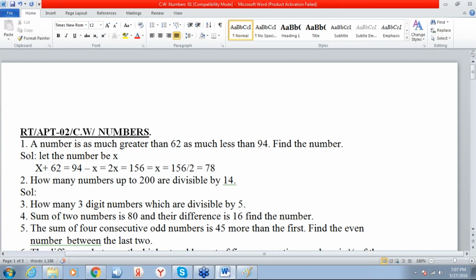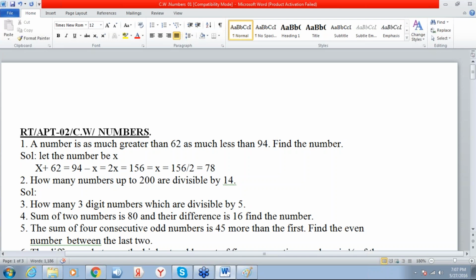Don't take decimals, take only the exact value. 14 square is 196. If you know the squares, you can answer it in seconds. 196 is the highest value below 200 that is divisible by 14.